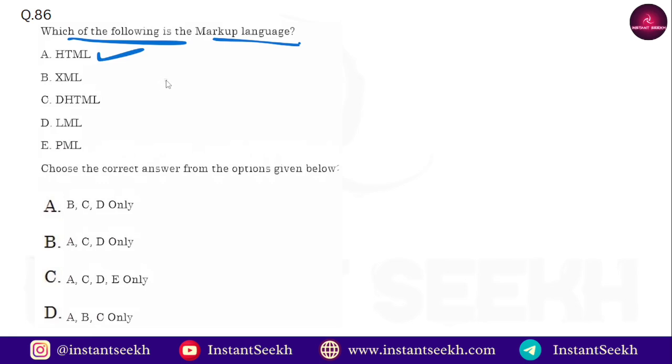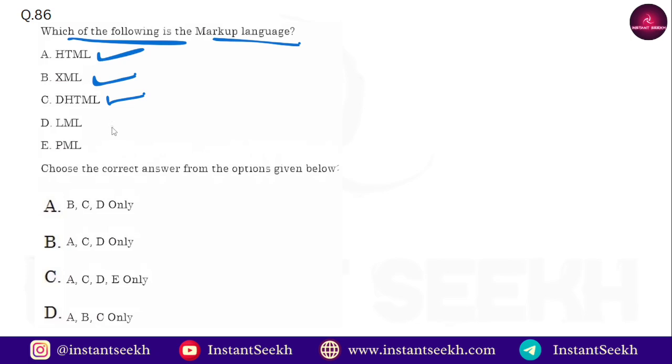It is used for creating web pages. XML is also a markup language that defines a set of rules for encoding documents in a format that both humans and machines can read. DHTML, that is dynamic HTML, is also a kind of HTML.